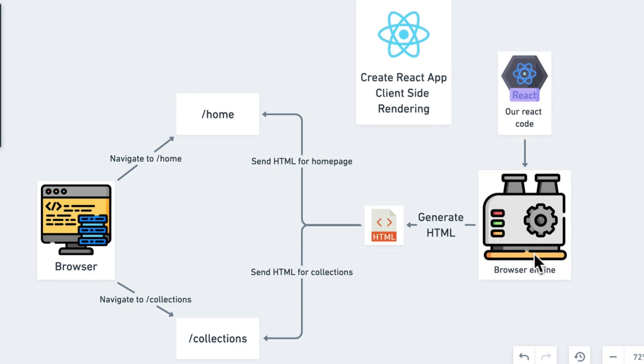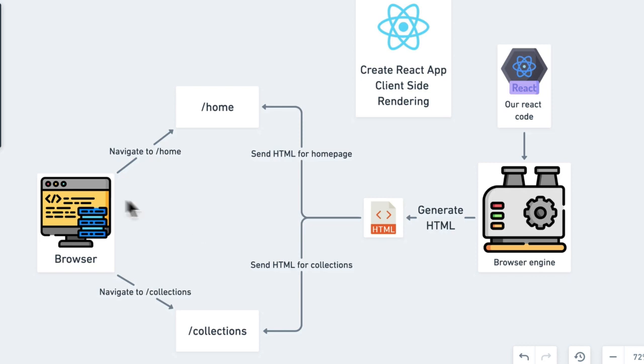Create React App is a very quick way for you to start up a React application, and it leverages what is called client-side rendering. Now, what client-side rendering means is that it leverages the browser in order to build out the HTML that gets served whenever a user navigates to any page on your React application.